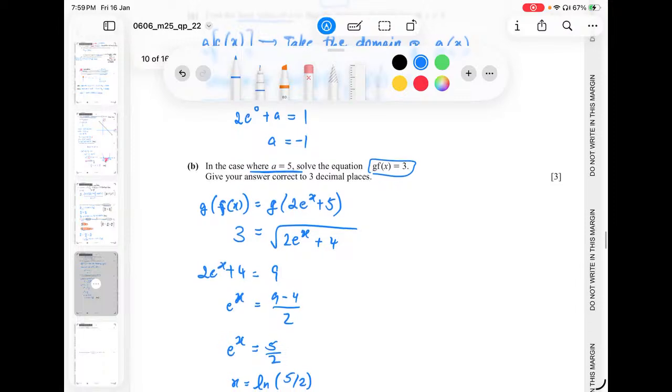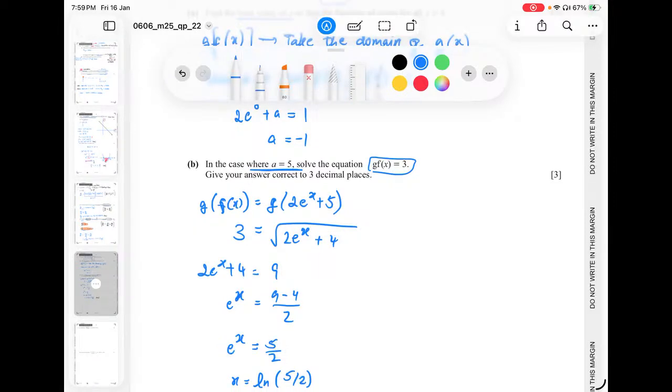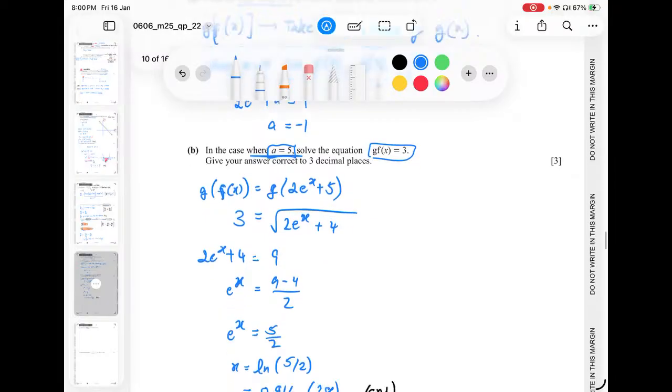So basically, this should not be 1 because they told us that a is equal to 5. So you need to substitute that a to be 5. So hope you understood part B.